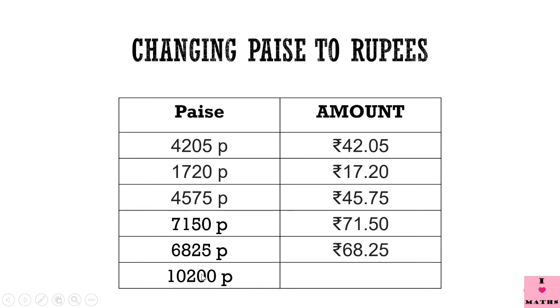We will leave these two digits, the digits on ones and tens place, and we will put a point here after 2. And this money is rupees 102 and 0 paise. See, children, it is very easy. You just need to learn the trick. But you need to understand, beta, that 1 rupee is 100 paise. This you should never forget, beta.